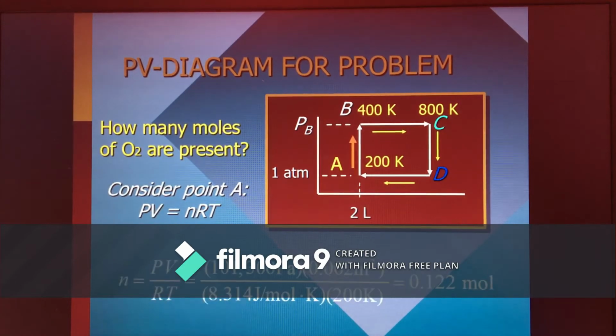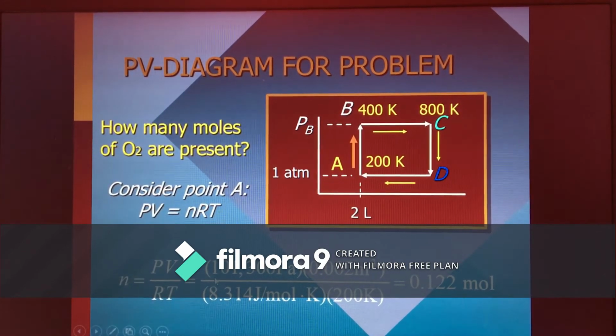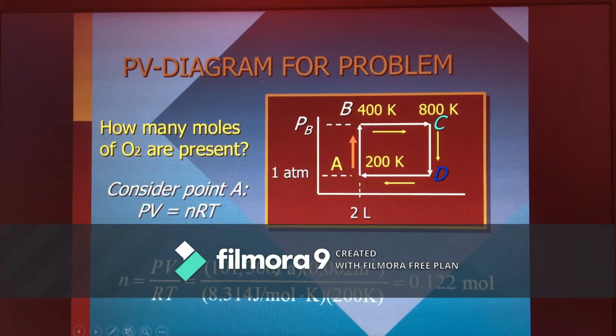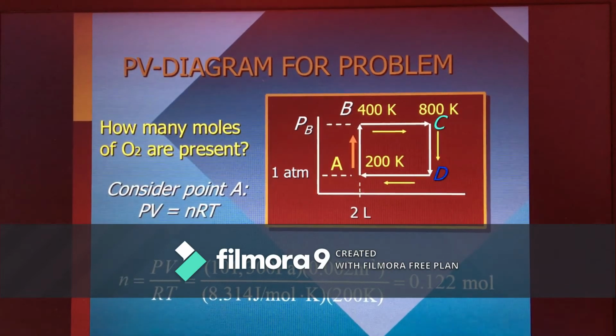And then substituting the givens, we have the pressure, that is 1 atmosphere. So 1 atmosphere is equivalent to 101,300 pascals. Alright? And volume is 0.002 meter cubed, divided by R, that is 8.314 joules per mole Kelvin, times the temperature of 200 Kelvin.